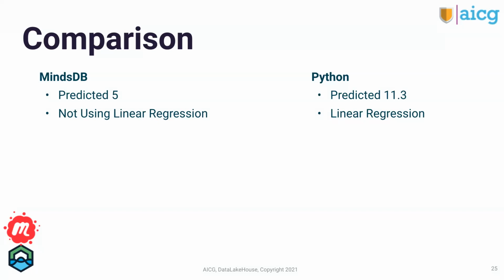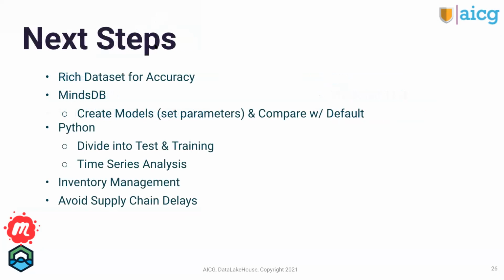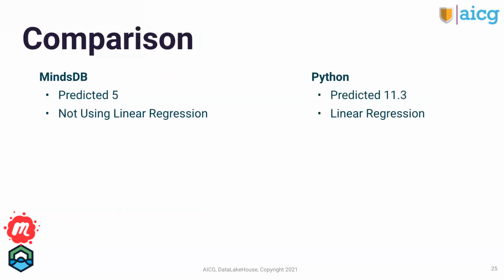Yeah. So what we showed were 2 specific predictions for the MindsDB model and the linear regression model, where we ran a test point for April 18th, 2022, using the vendor Barbie. And what we found was that MindsDB predicted that it would be 5 orders that day, whereas our linear regression model predicted 11.3.